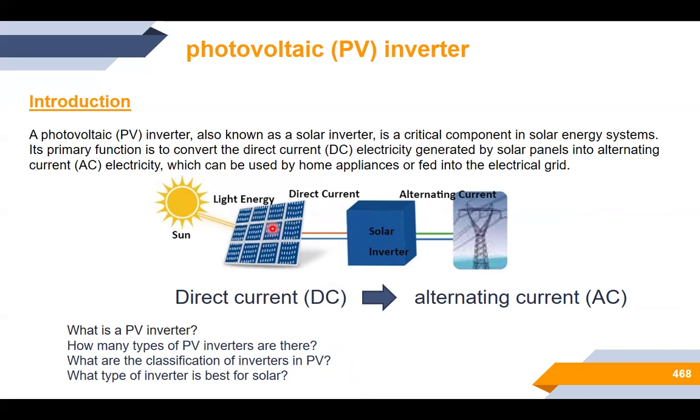The energy produced by the PV panels is DC, so we cannot use this produced energy, for example, in the electrical grid or in some components in the house. So to make the produced energy adaptable for the equipment, we have to use a component called a solar inverter. The solar inverter converts direct current to alternating current.